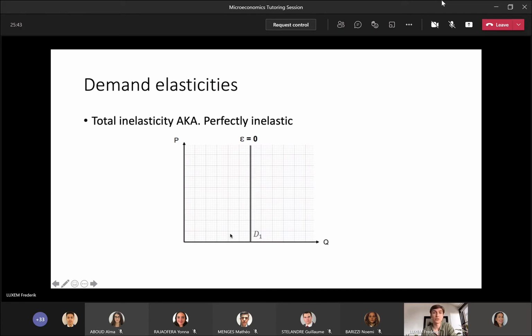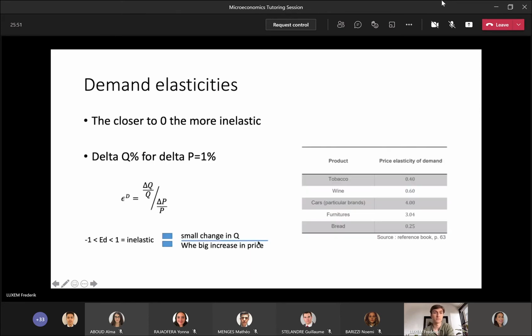It doesn't matter how much the price is, people will always ask for a certain amount of quantity. So the closer you are to 0, the more it is inelastic. And this makes sense.